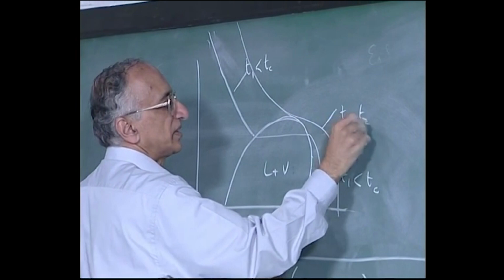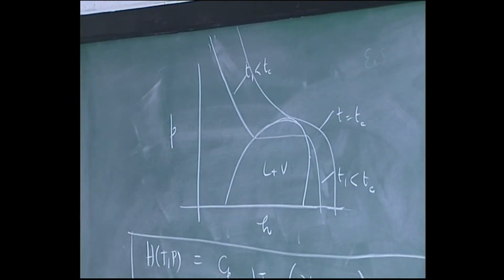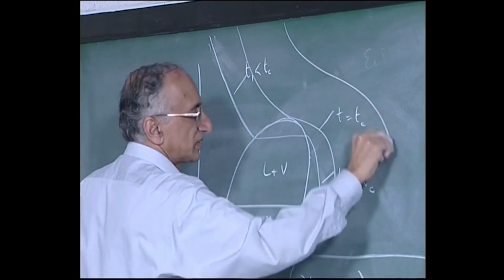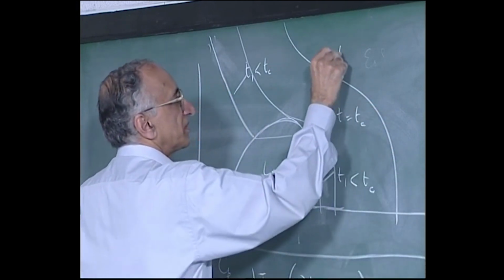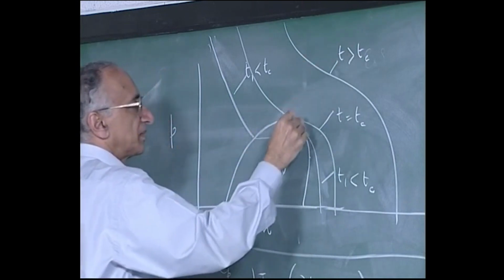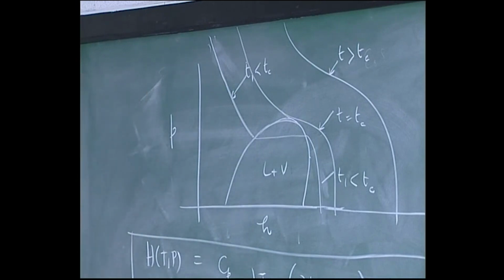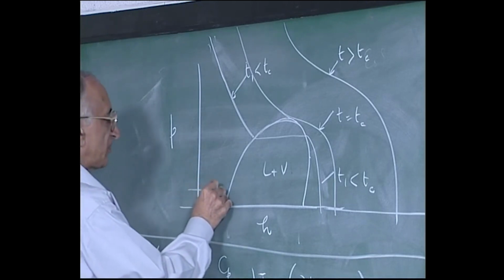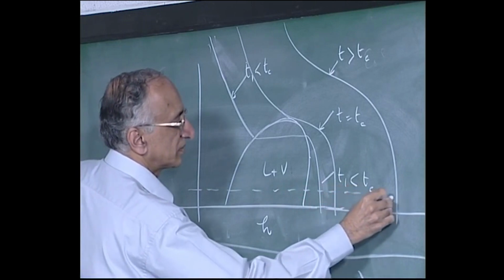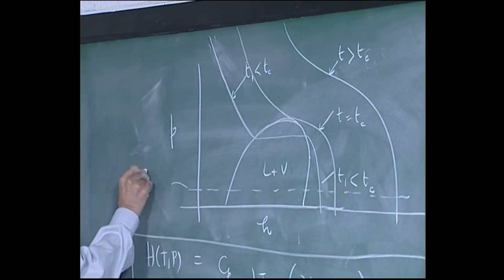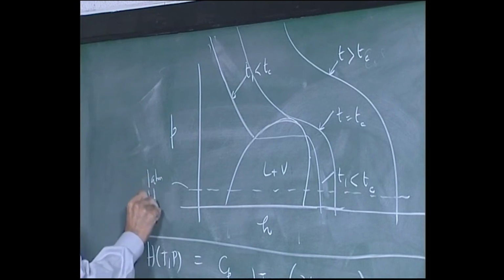This is T is equal to Tc, and then above the critical temperature you have complete vapor phase. These are normal qualitative diagrams. The 1 bar line may be somewhere here, usually indicated, this is 1 atmosphere or 1 bar. I think now most of the charts come with the bar.